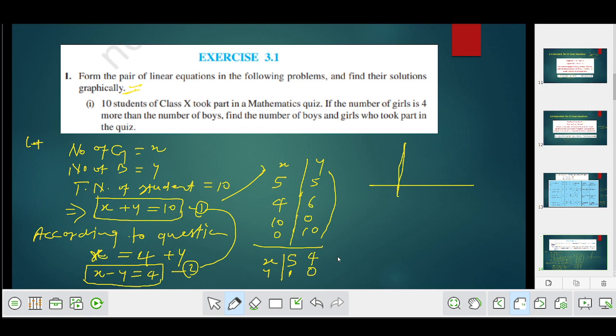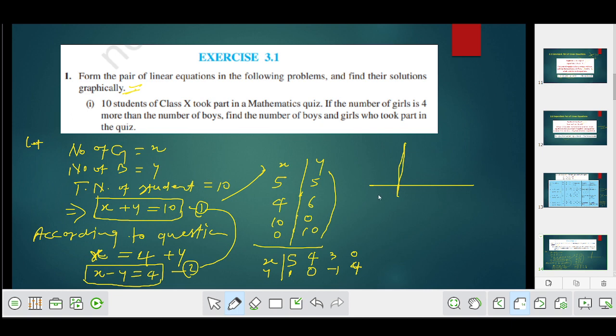If we put x equal to 3, we get y equal to minus 1. And if we put x equal to 0, then we get y equal to minus 4. Clear? If we put y equal to 0, x equals 4.